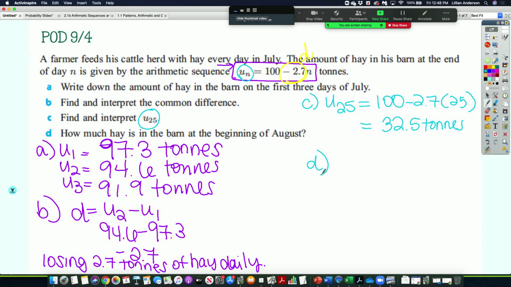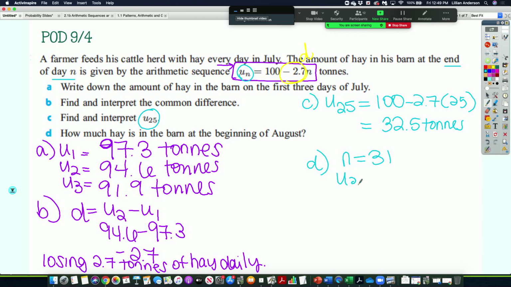So you used 31 for n? Yes, that would be correct because there are 31 days in July. This is supposed to be indicative of the end of a particular day. So once the 31st day is over, the beginning of August starts. So very good. n is equal to 31.